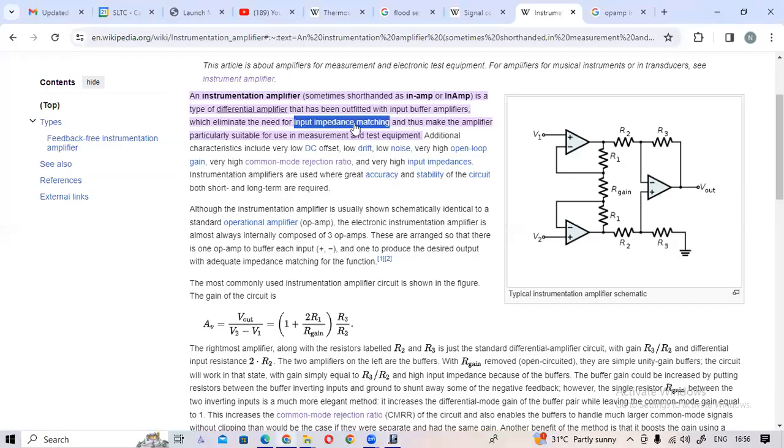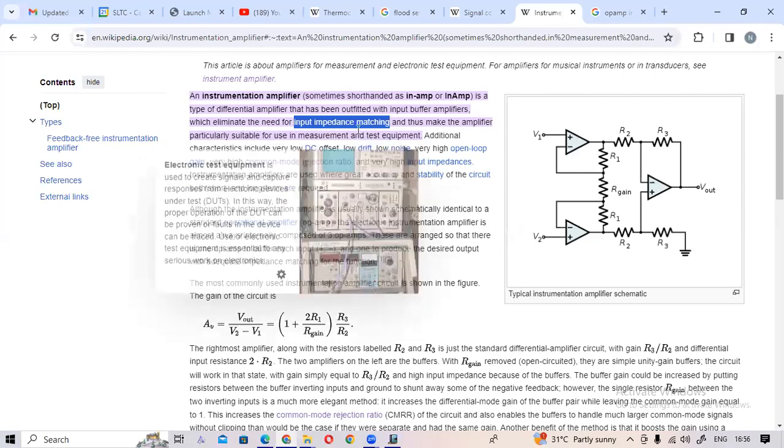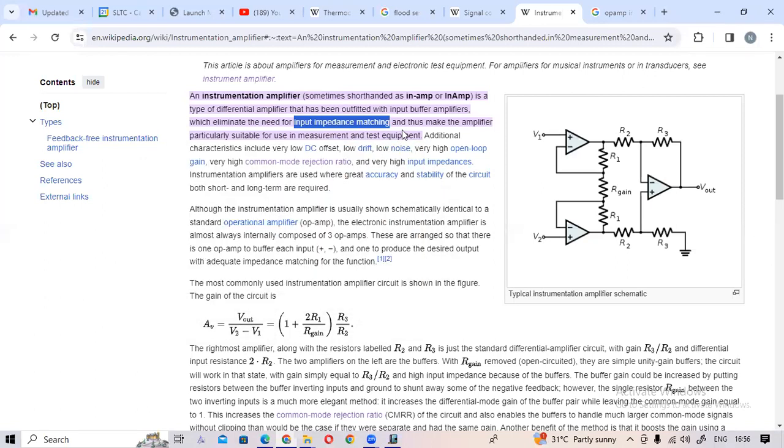So what I want to tell you is that input impedance matching also can be done in a transistor amplifier. When we are designing a transistor amplifier for radio frequency, you need to design it for a specific impedance.